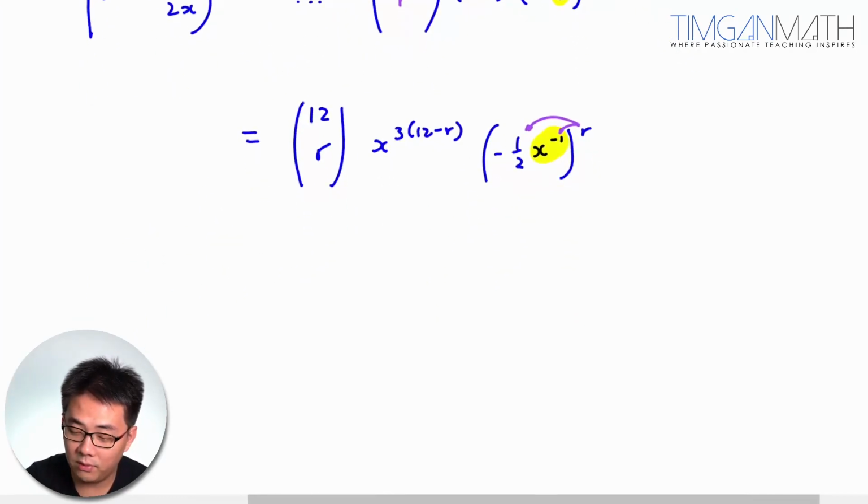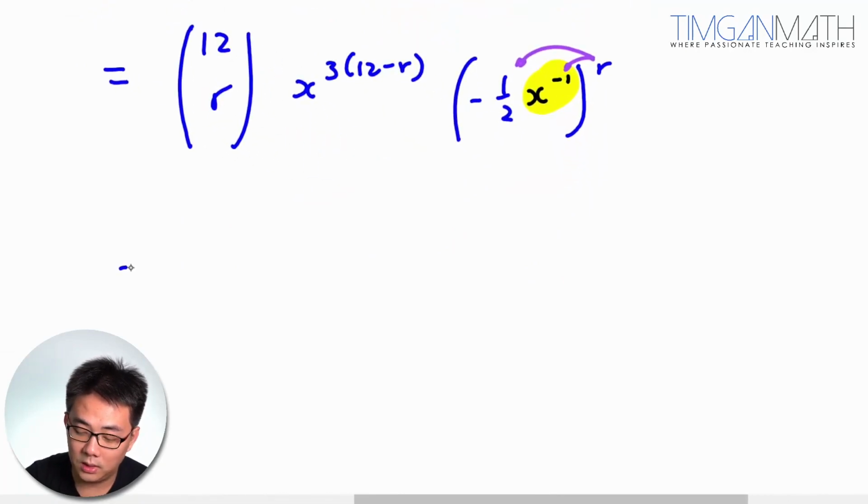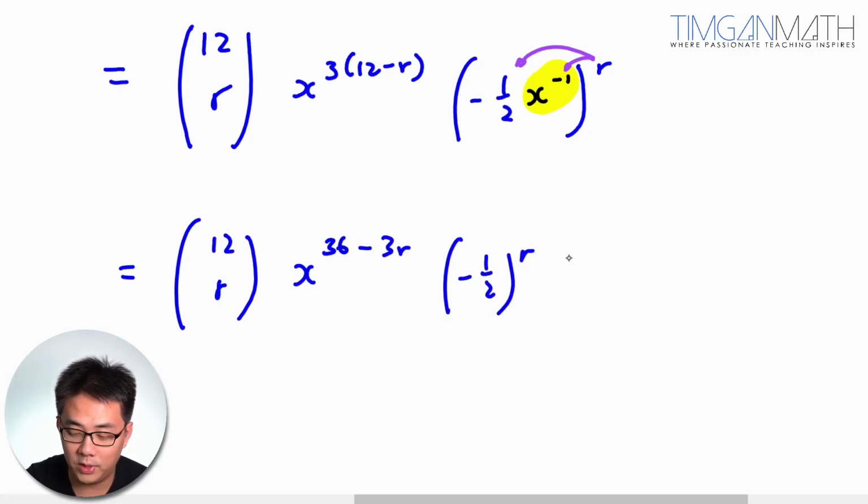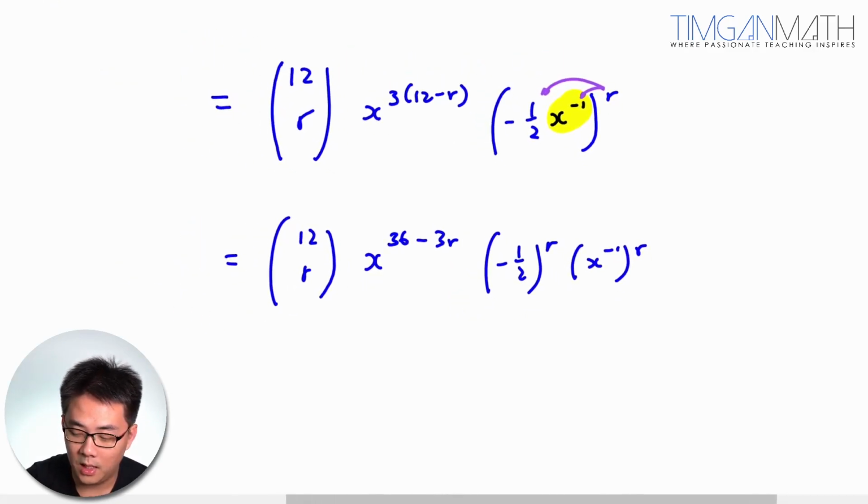So be very careful. This question is difficult not because it's conceptually hard, but because students are sometimes weak in manipulating indices. So slowly make sure the negative is in there. This is 3r, basically I expanded this in, and this could be negative r.